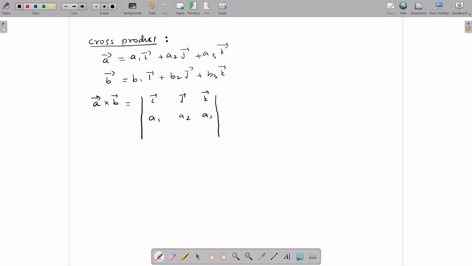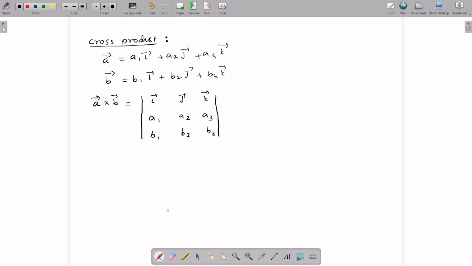Similarly, next we write the coefficients in B vector: B1, B2, B3. When you expand this determinant, you get the cross product of A vector and B vector. Okay, now we will do problems under this type.